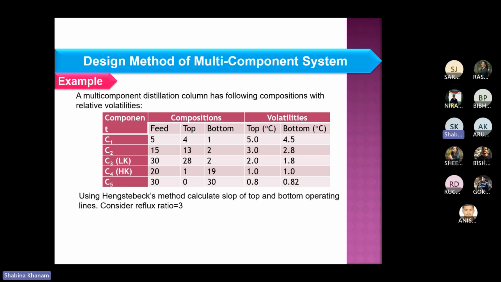By fixing or limiting the flow rates of the non-key components and subtracting that from the total flow, we can have the flow of combined keys, and then that can be solved as a binary. So that is about Hengstebeck's method. Yesterday we solved one example taken directly from the book, volume 6, and here I am having another example.